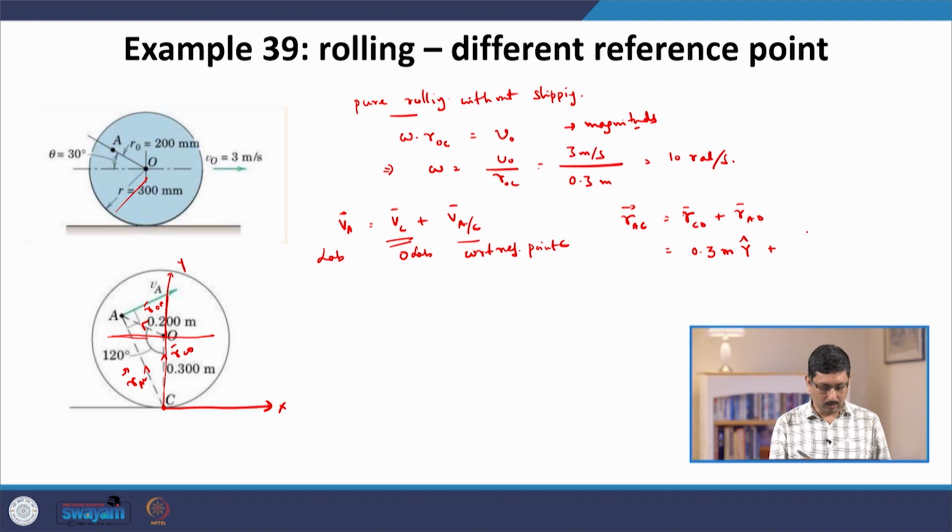And how much is ROA? It has two components. This angle must be 30 degree from the geometry. So, ROA is minus 0.2 meter cos 30 degree x hat plus 0.2 meter sin 30 degree y hat.